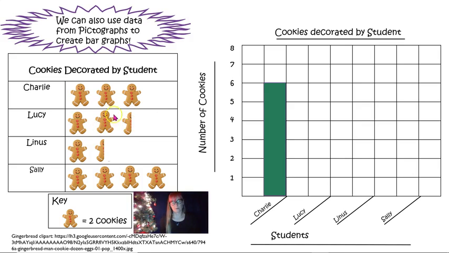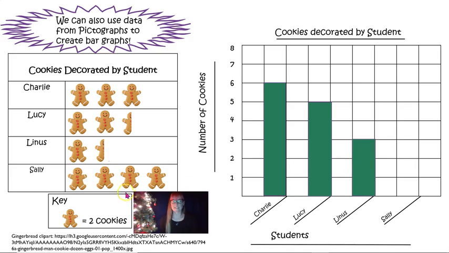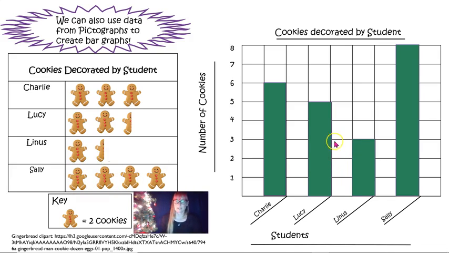So 2, 4, 5 cookies that Lucy decorated. Linus decorated 2, and then we have this half again, which we know means 1. So 2 plus 1 is 3 cookies for Linus. And Sally was really busy. She decorated 2, 4, 6, 8 cookies.